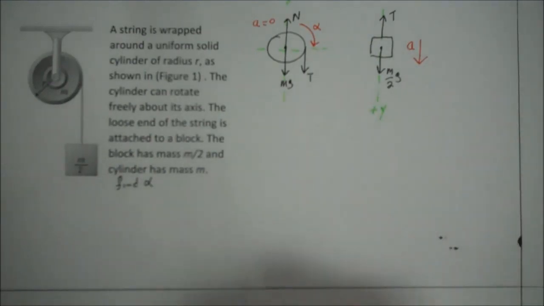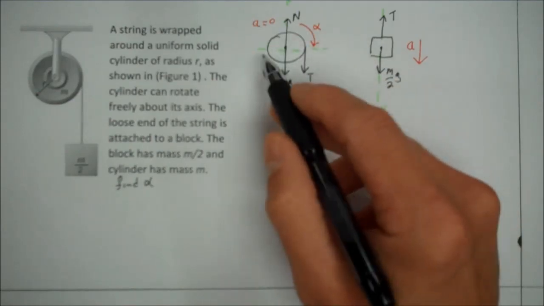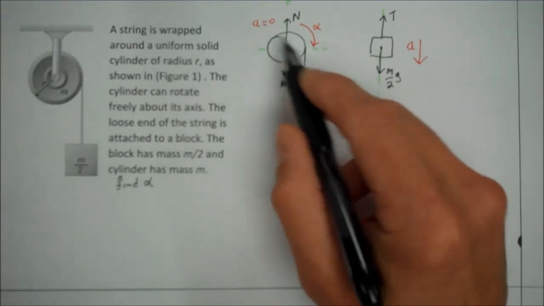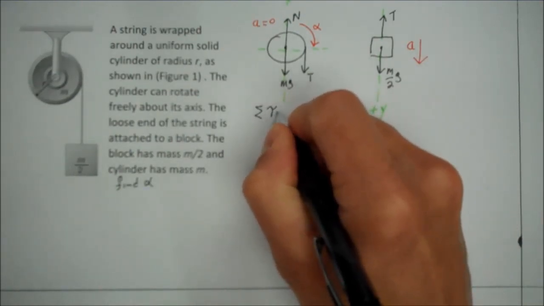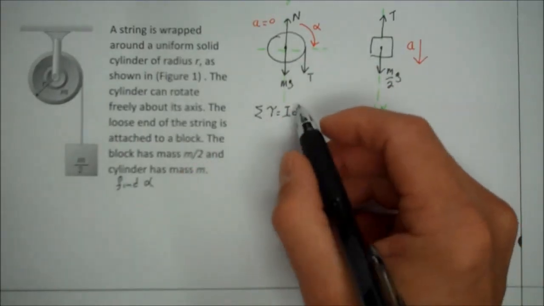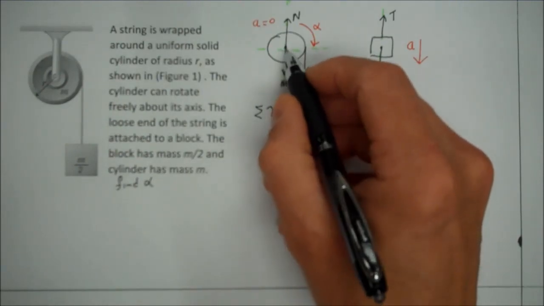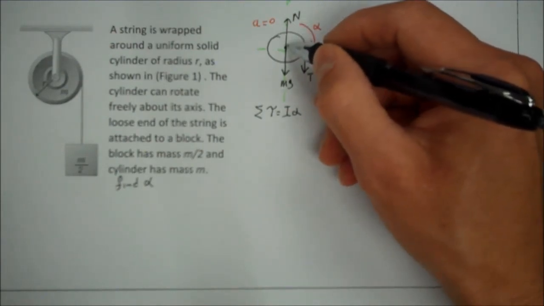So the next step is to apply Newton's second law to each object. Here, translationally, F equals ma isn't going to be helpful because a is 0. But the rotational equivalent, the sum of the torques equals I alpha, is going to help me because I want to find alpha. There is no torque due to mg because it acts at the axis. There's no torque due to the normal force because that acts at the axis.